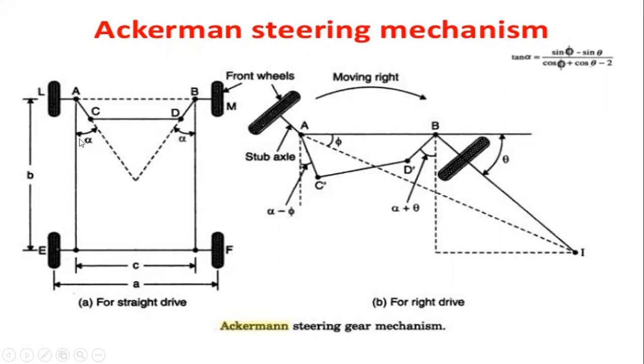The distance between the two axle points, A and B, is taken as small c, and the distance between the two axles, that is the front axle and the back axle, is taken as small b. The angle of the inclined arms is taken as alpha on both sides, the right side and the left side.